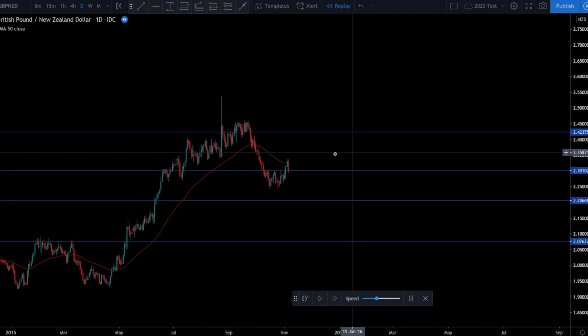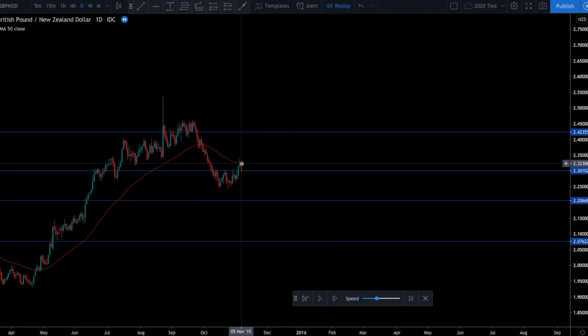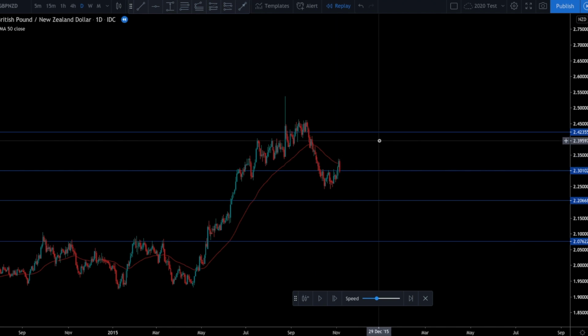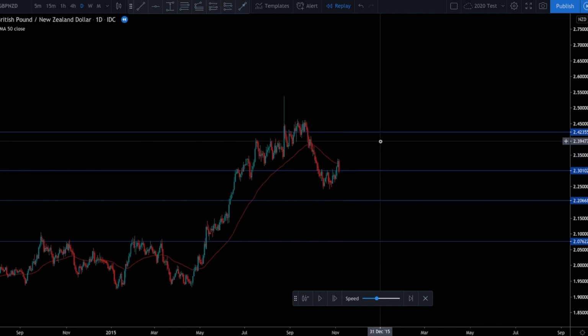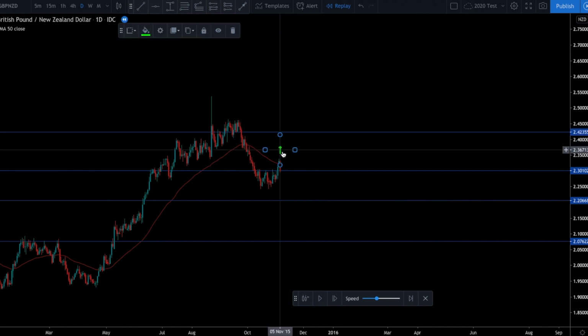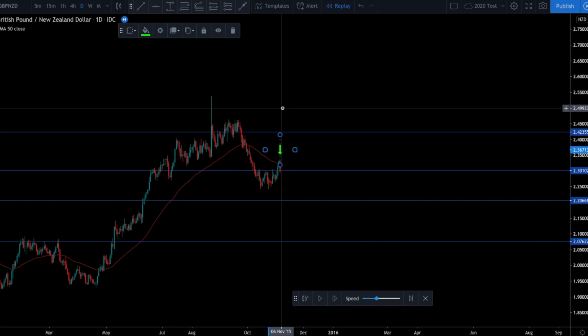I like this for a short. This right here, because it did break and came back and retested. So let's call this a short. And look, we're in November. We started at the beginning of 2015.